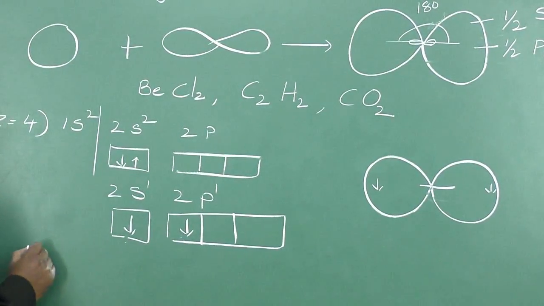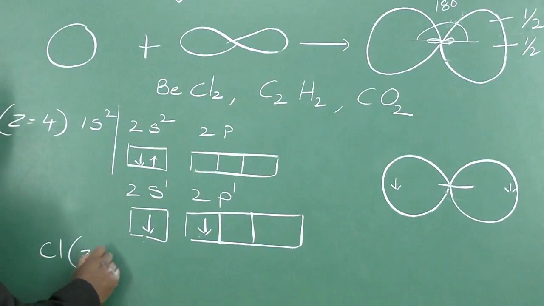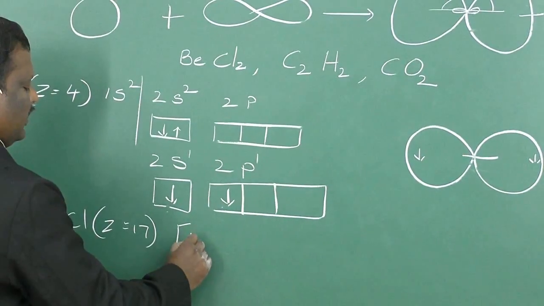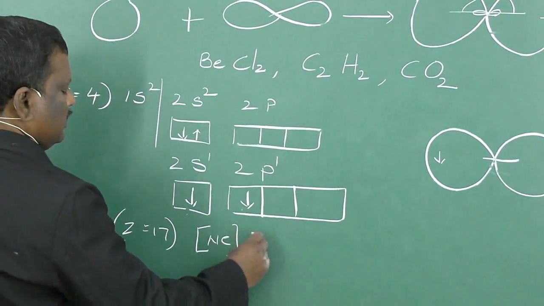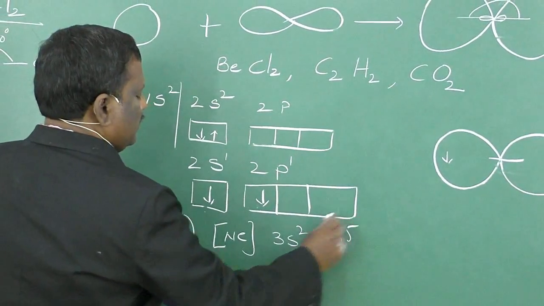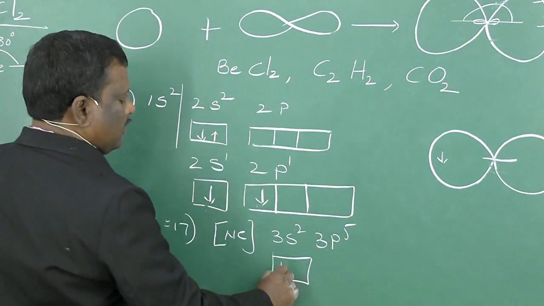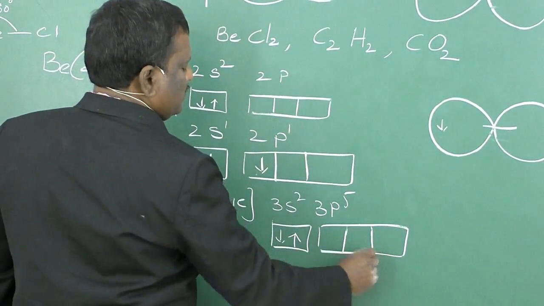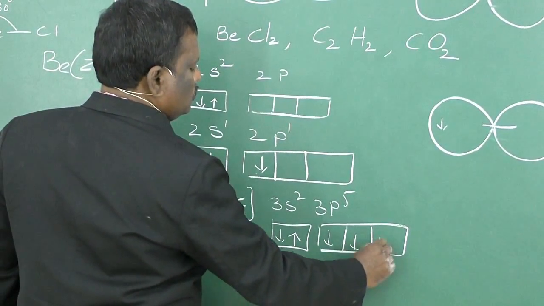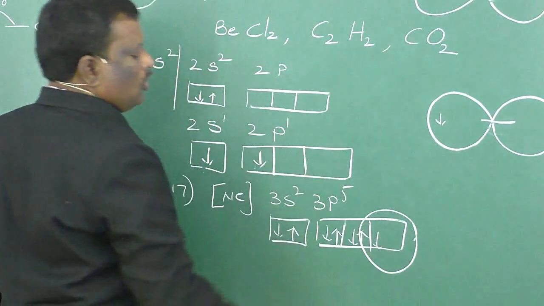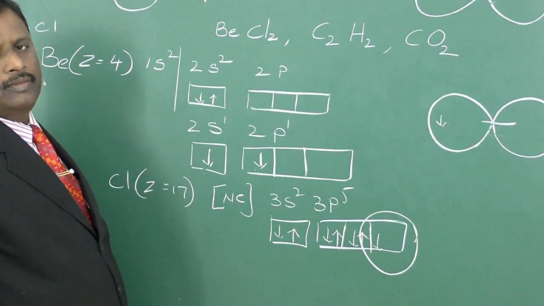Now if you take the chlorine electronic configuration, Z equals 17, it has the configuration Ne 3s2 3p5. That is, in the valency shell of chlorine you have 2 electrons in the 3s orbital and 5 electrons in the 3p orbital.